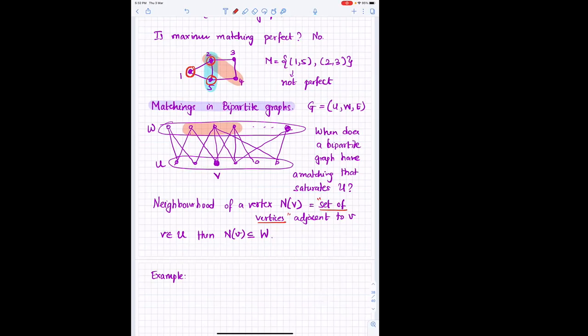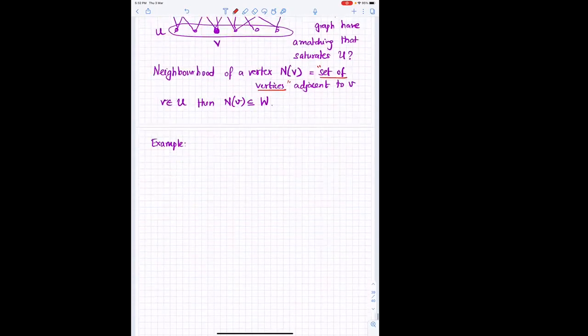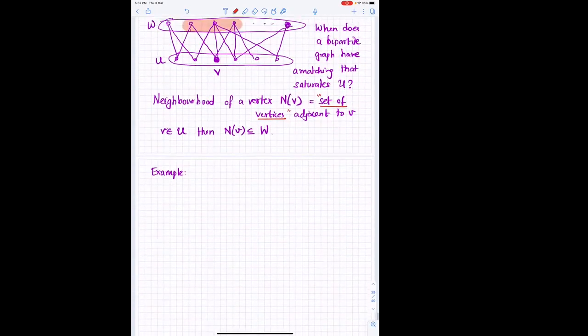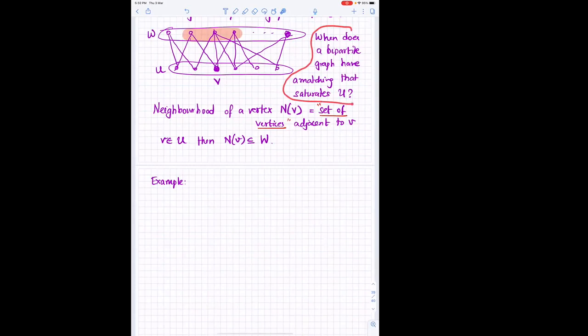Okay, so I'm going to assume that we all understand what the neighborhood of a vertex is. So now I want to answer this question: when does a bipartite graph have a matching that saturates U? I'm going to give some examples and I want you to come up with a solution to this. Let me draw some examples for you.